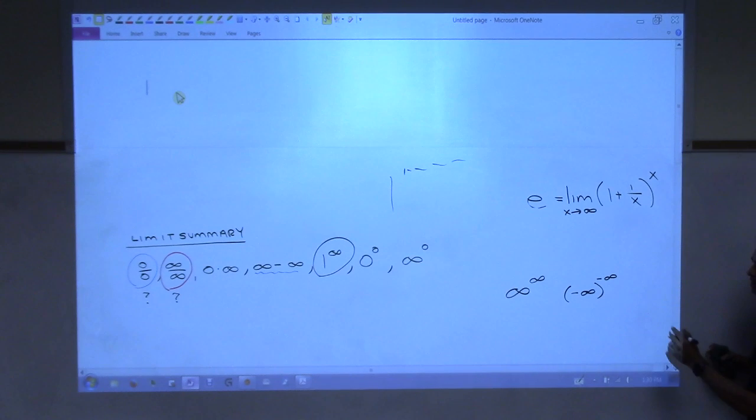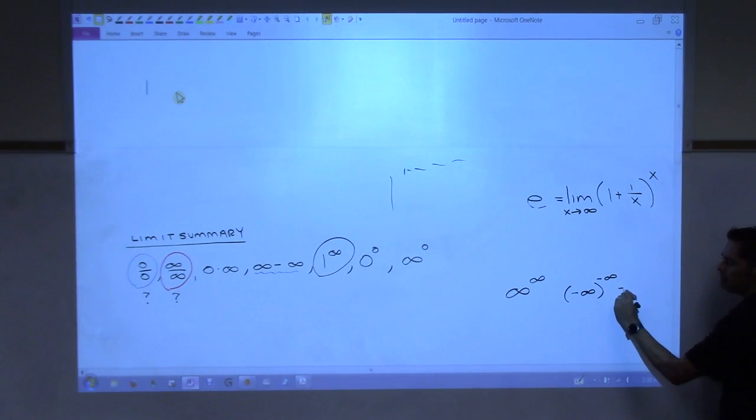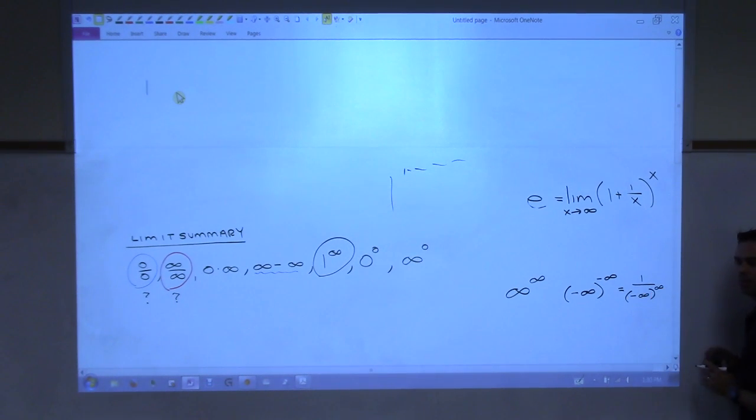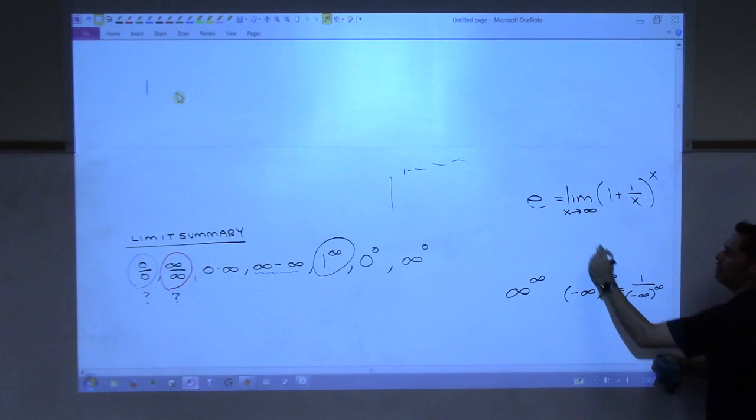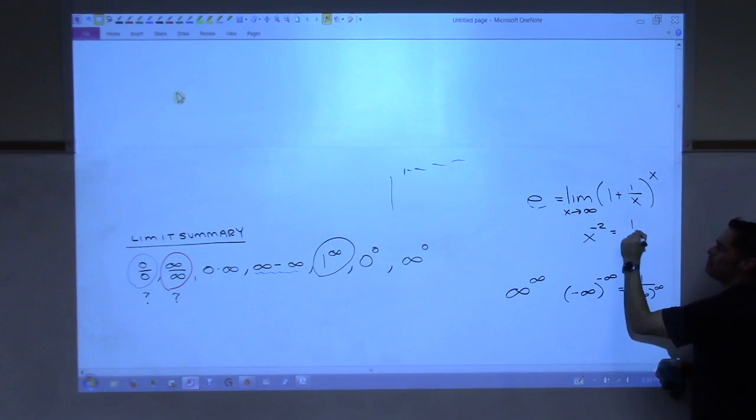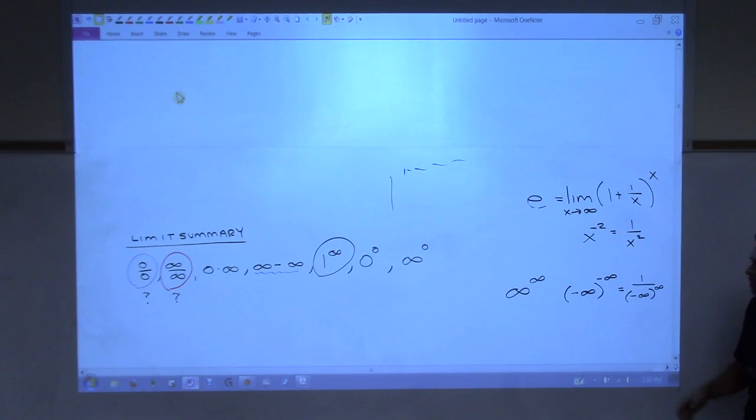Okay, anything raised to a negative number is the same as 1 over that raised to a positive, right? If I have x to the negative 2, that's the same as 1 over x squared. So if I have something raised to negative, I can look at it as 1 over that, raised to the positive. Now, what does negative infinity to a negative power do? That should be a really big number, shouldn't it?